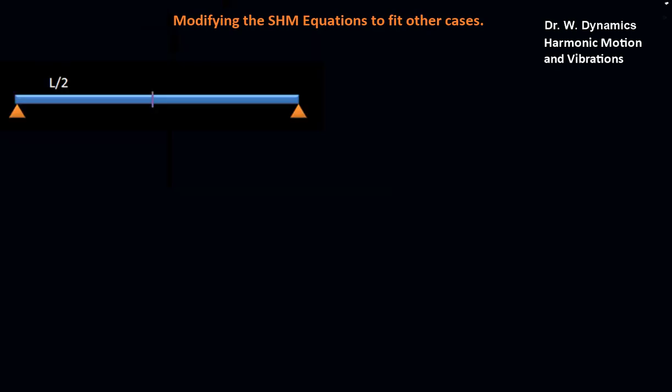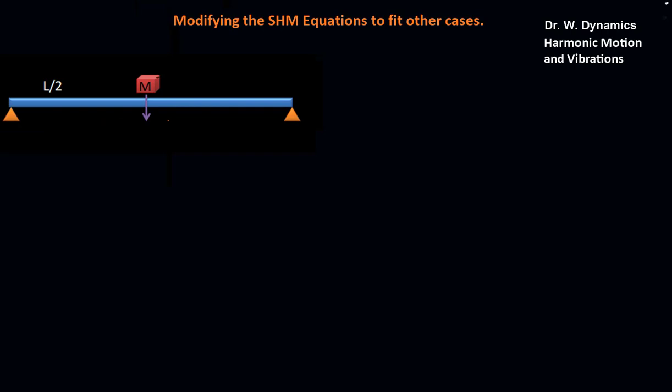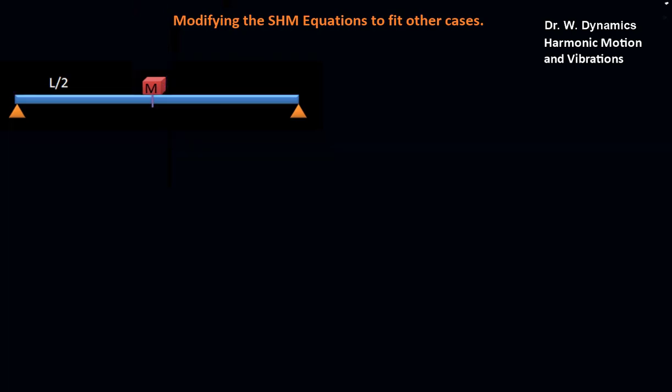Let's look at the case where we take a lightweight beam, such as a meter stick, and we drop a heavy mass on it. And the beam will start to oscillate up and down with the mass on it at the center.